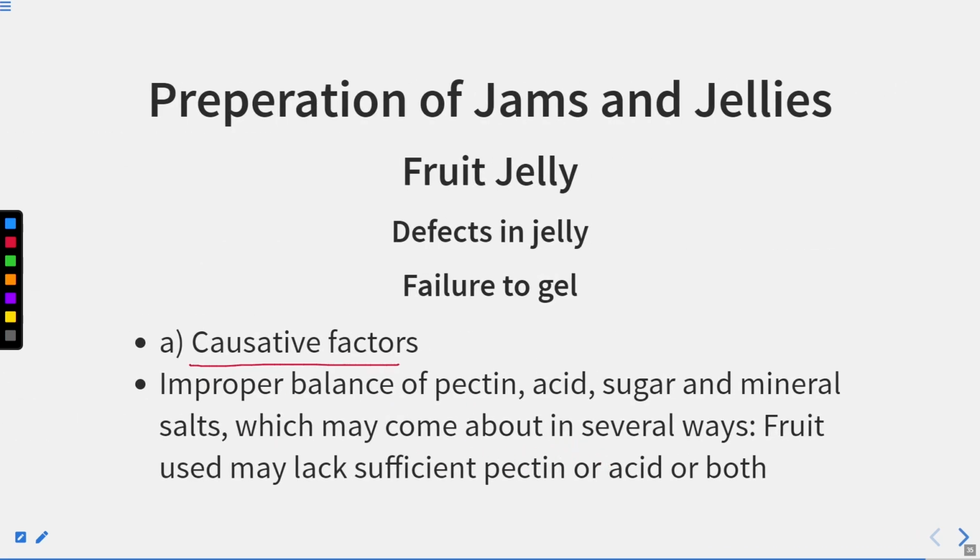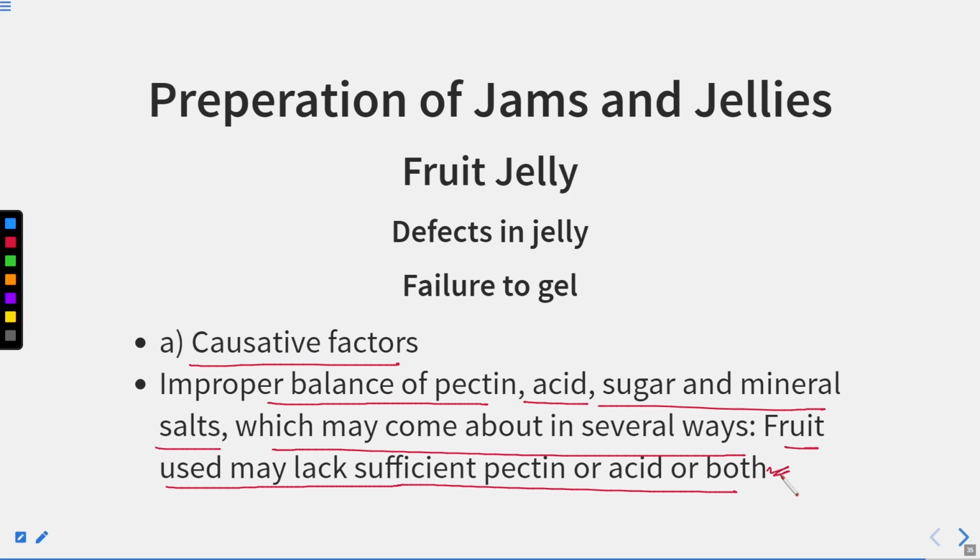Causative factors. What causes the failure to gel? Improper balance of pectin, acid, sugar, and the mineral salts, which may come about in several ways. Fruit used may lack sufficient pectin or acid or both. So these are the causative factors that can cause failure to gel, that is balance of pectin and acid and sugar material.